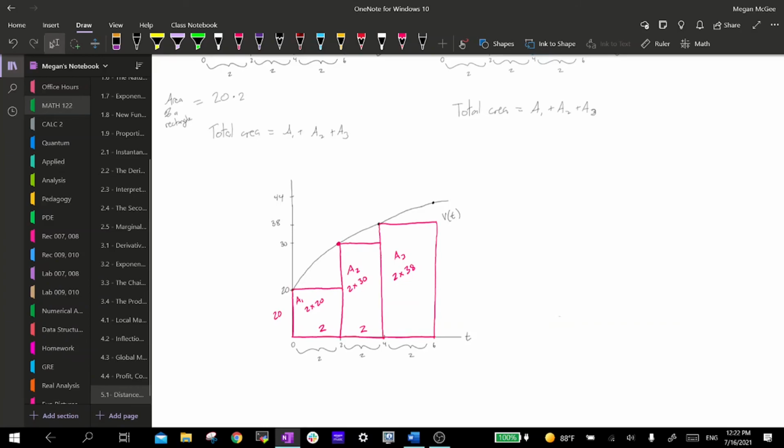Okay, and say, well, what if we split this in half? And we split this one in half. And we split this one in half.